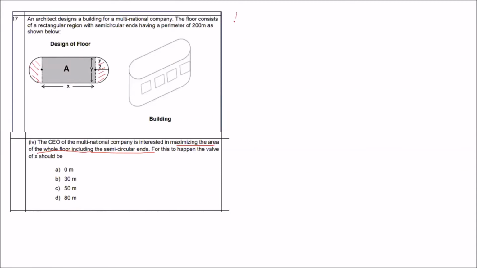So area of the rectangle, we have already got it, x into y, and we have replaced y. Y was 2 by pi into (100 minus x). So we got it as 2 by pi into (100x minus x square). And we have got the maximum area also.